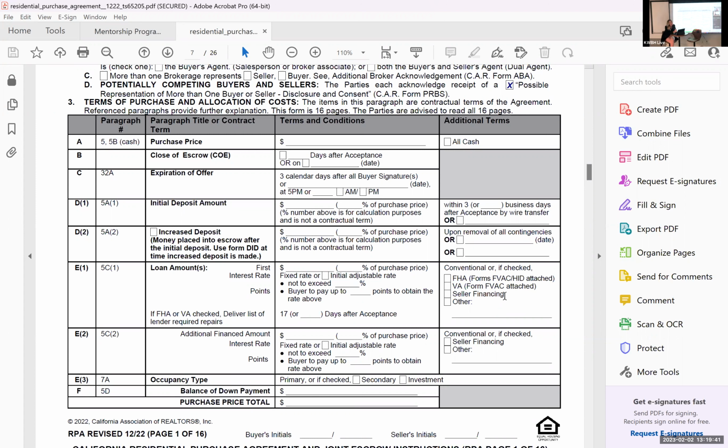It is very complicated. It can be risky. It can be advantageous. So the seller is basically the lender giving the buyer a loan.